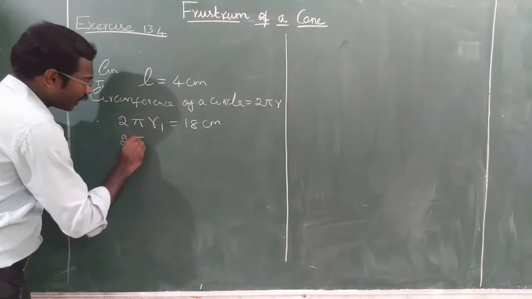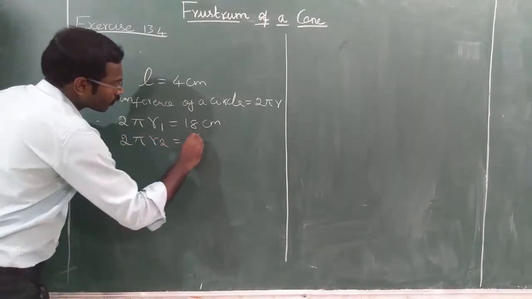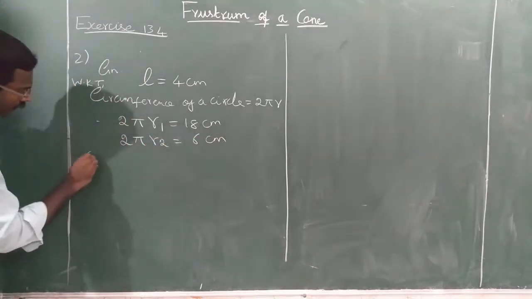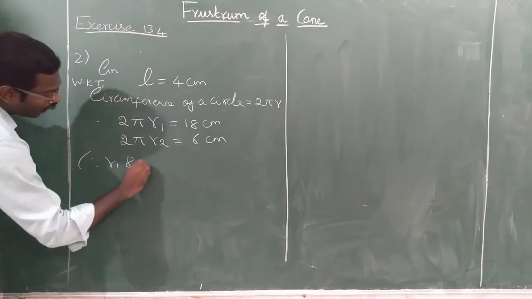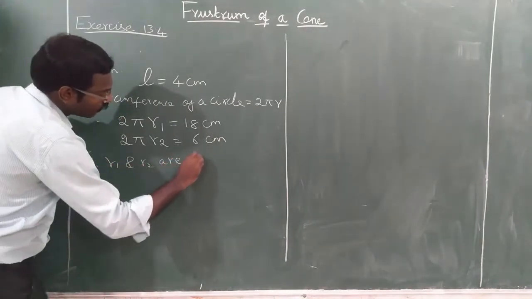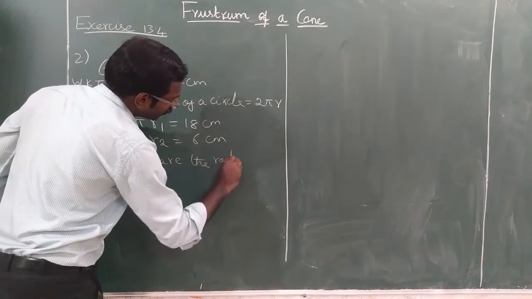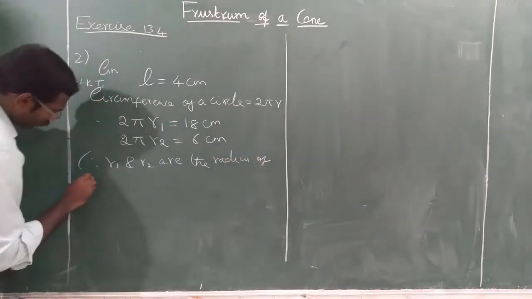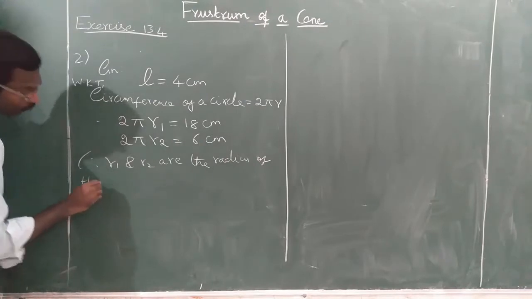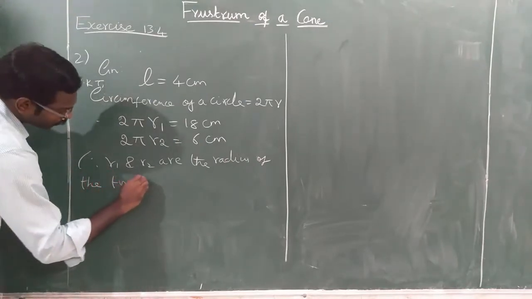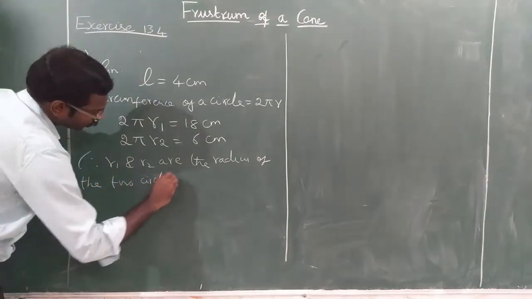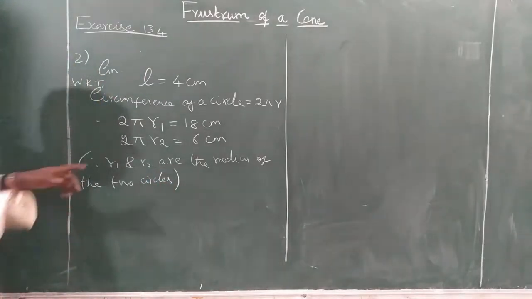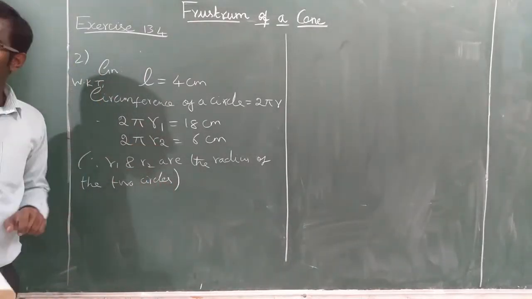So for the smaller circle it is 2 pi R2. Since R1 and R2 are the radii of the two circles, the bigger one is R1, the smaller one is R2.